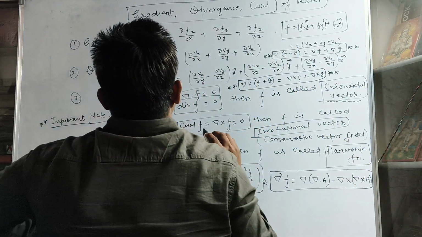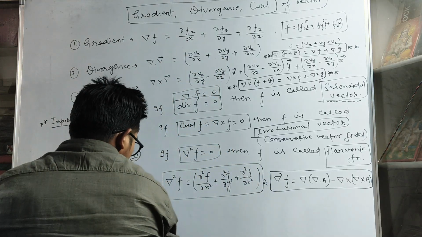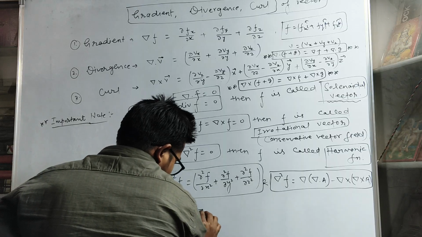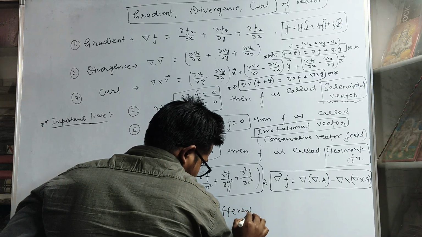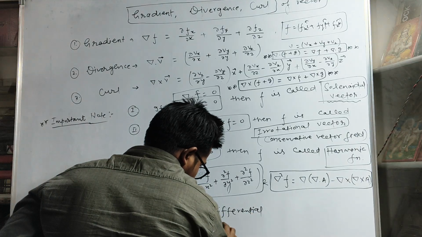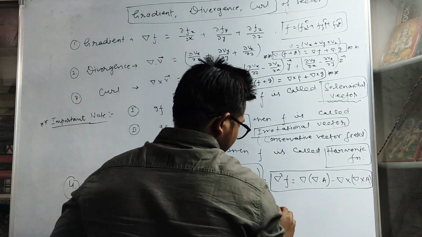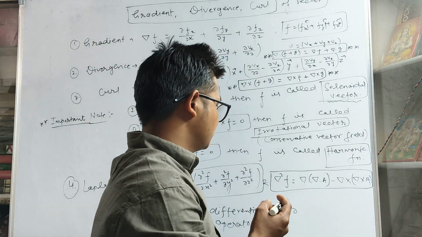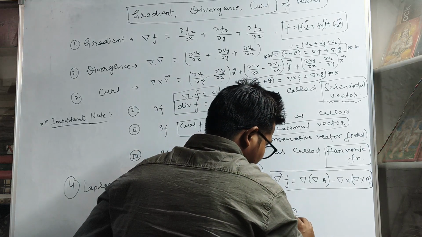Okay, and del is what? Del is a differential operator which can be written as partial derivatives along the x, y and z axes with their unit vectors.